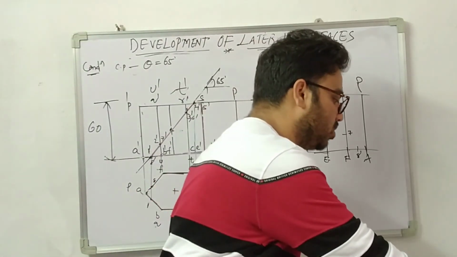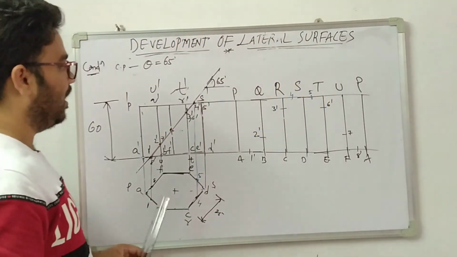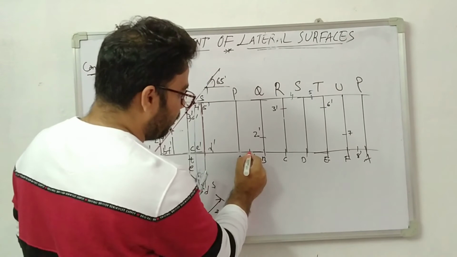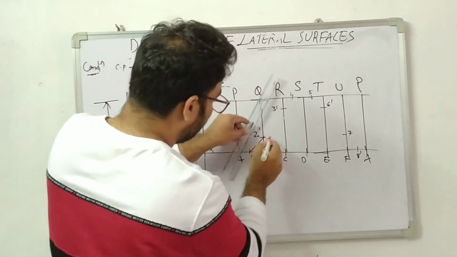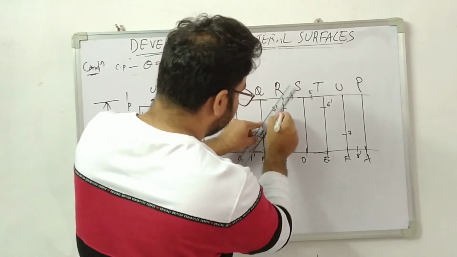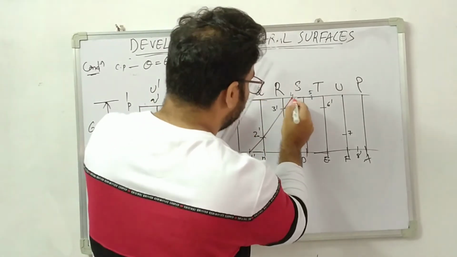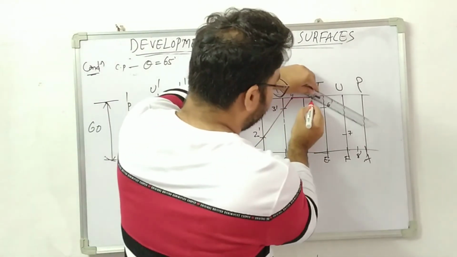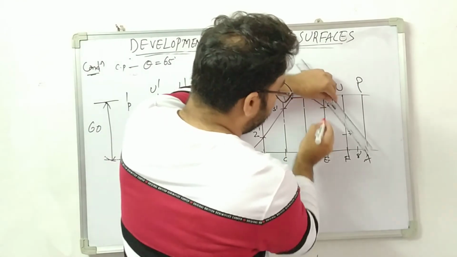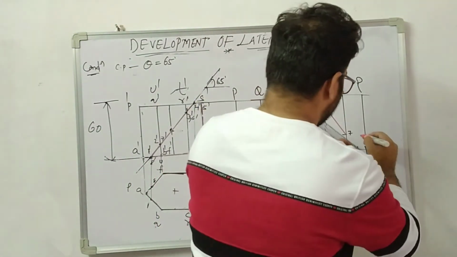Now we are going to join those points. You should highlight these points. From point 1 onwards, 1 to 2, 2 to 3, 3 to 4, 4 to 5, 5 to 6, 6 to 7, 7 to 8.